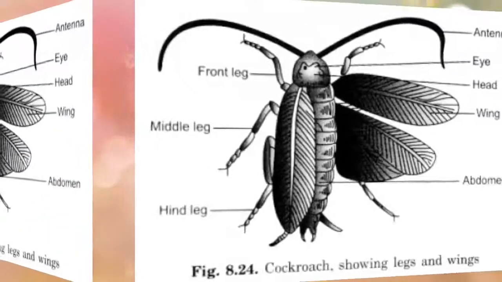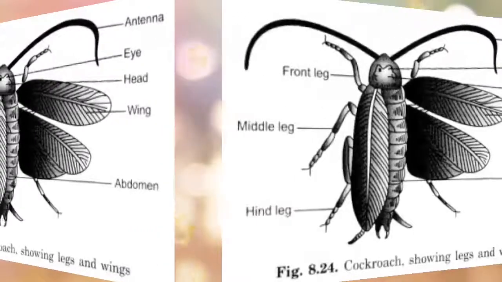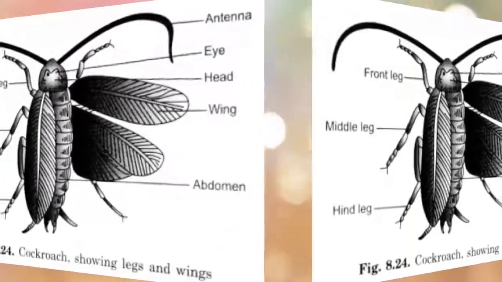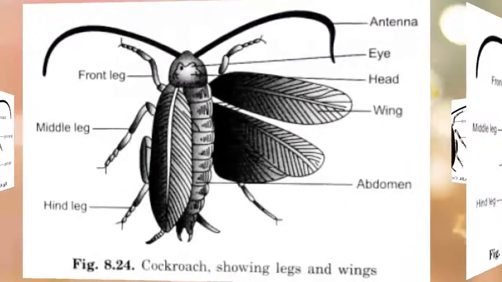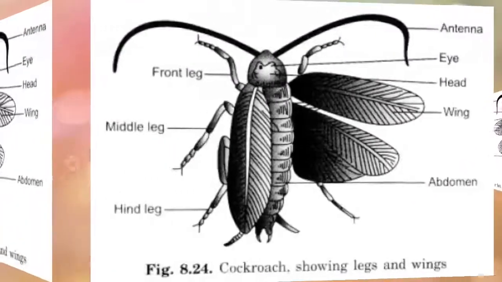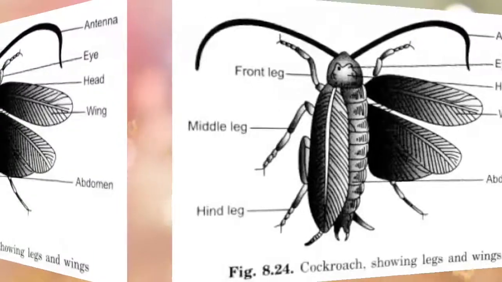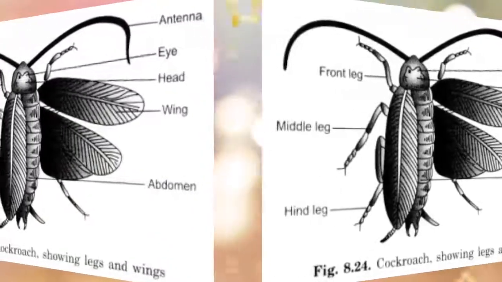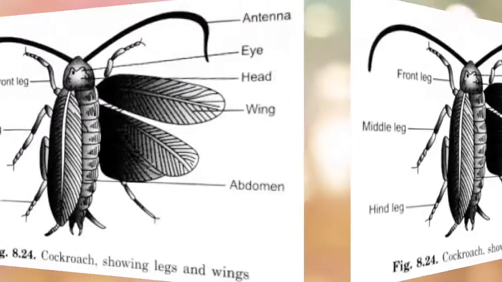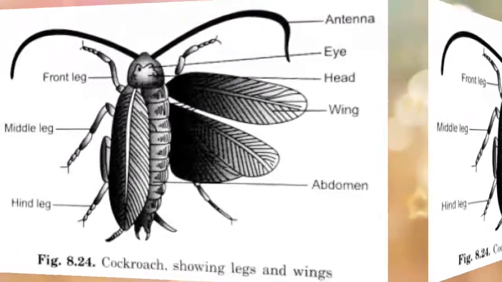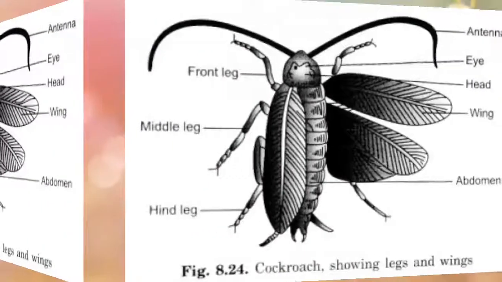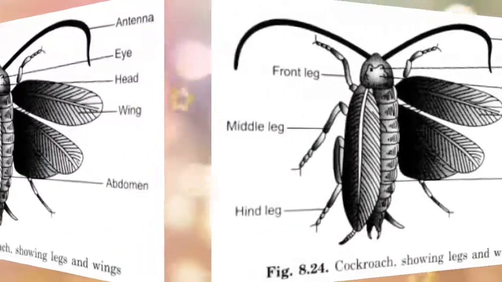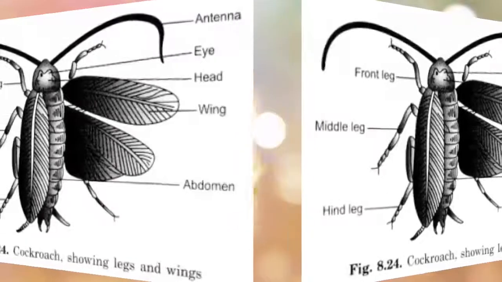Cockroaches have two pairs of wings. They can only fly a short distance. They are able to run and climb very fast.